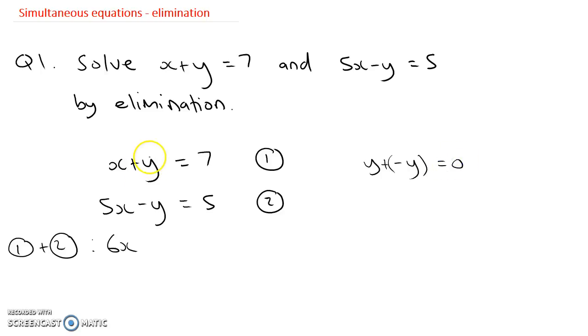So that eliminates the y's there, and we'll solve 6x equals 12, which gives x equals 2.